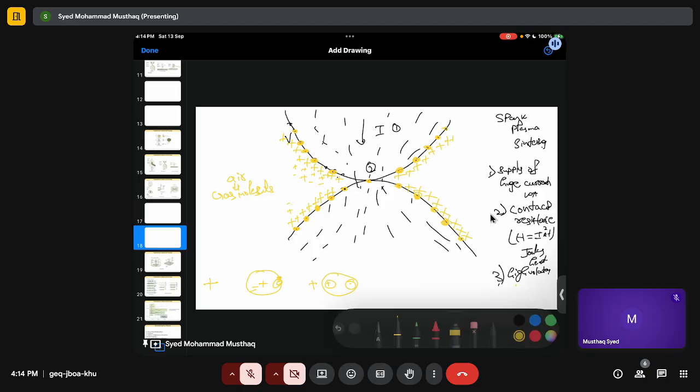Okay, let me write it in green now. So then you have polarization.